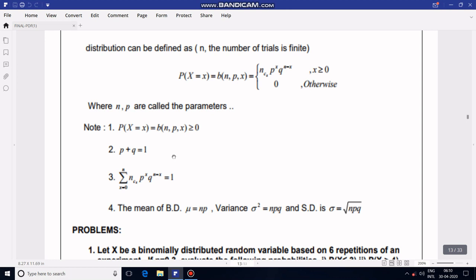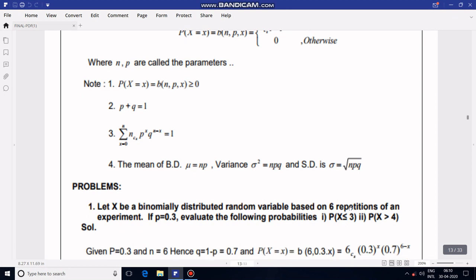That means in any probability distribution, the probability of success plus the probability of failure is always equal to 1. Next, the mean of the binomial distribution, mu, is equal to n times p. Variance, sigma square, is equal to npq, and standard deviation, sigma, equals square root of npq.